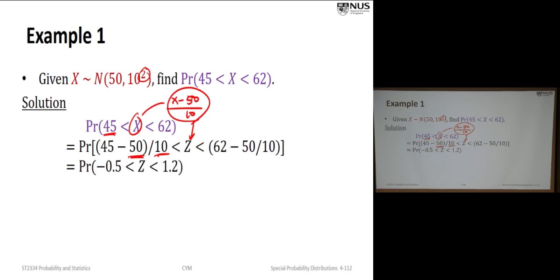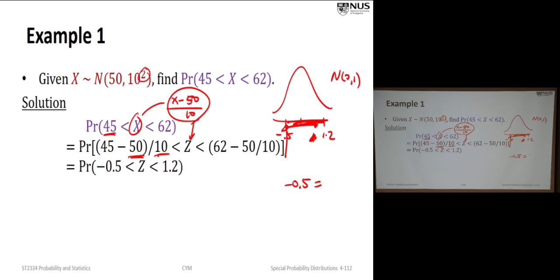For standard normal, this number is equal to mu, which is 0, minus how many standard deviations?